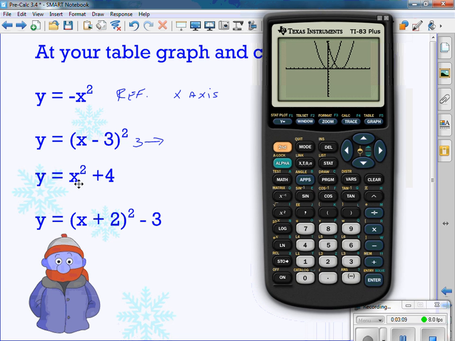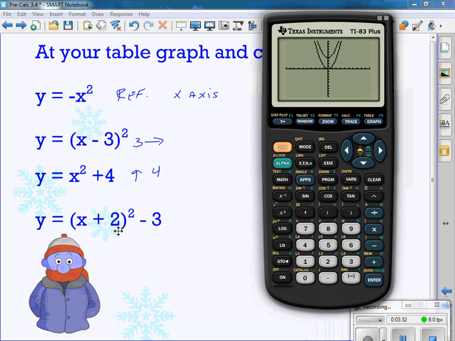This one right here, what happens to it? Moves up 4. The number on the outside shifts it up and down. Just like when you did the last section, whatever's on the outside stays on the outside.